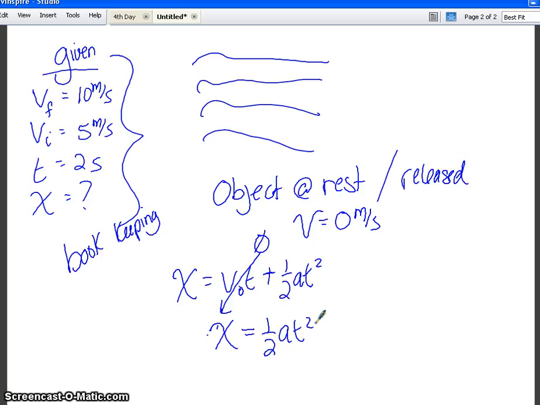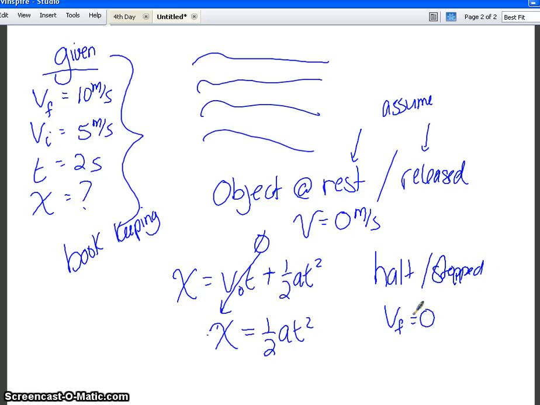So be wary that there are words you will find in questions that make us assume certain things, for example, velocity being 0. Likewise, if an object comes to a halt or is stopped, we know that final velocity is equal to 0.